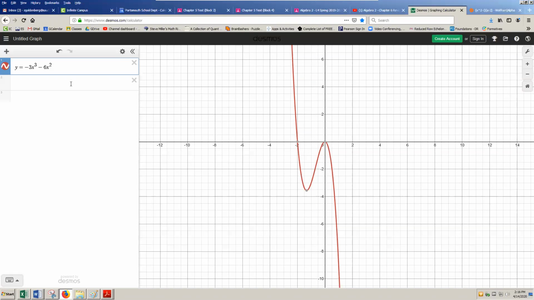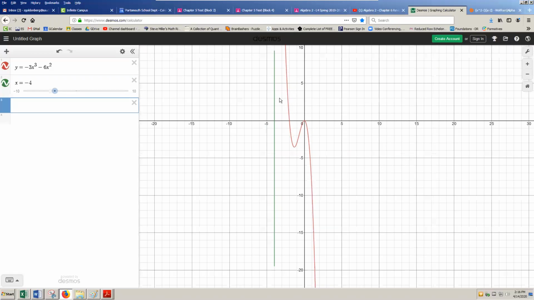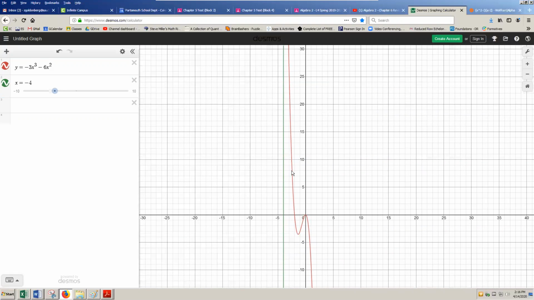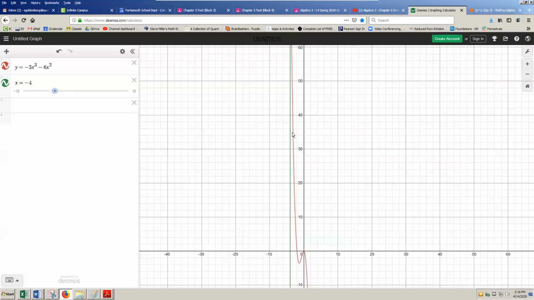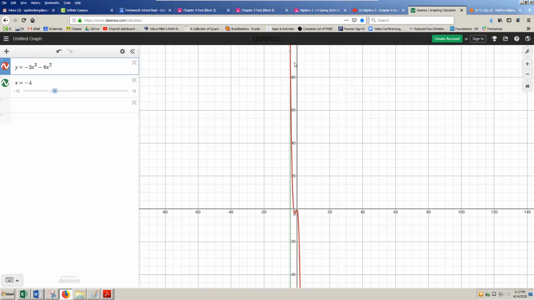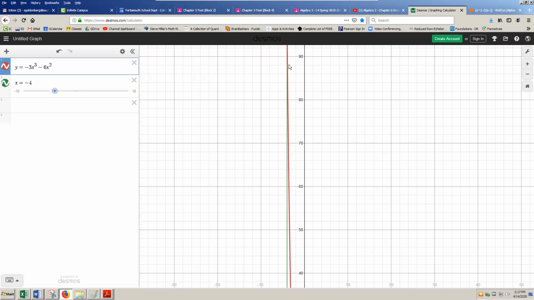But what this is saying is, okay, find what it's going to equal at -4, right? When x equals -4, this thing is going to equal whatever big number this is. Look how far I have to zoom out. I don't even know where these things are intersecting.